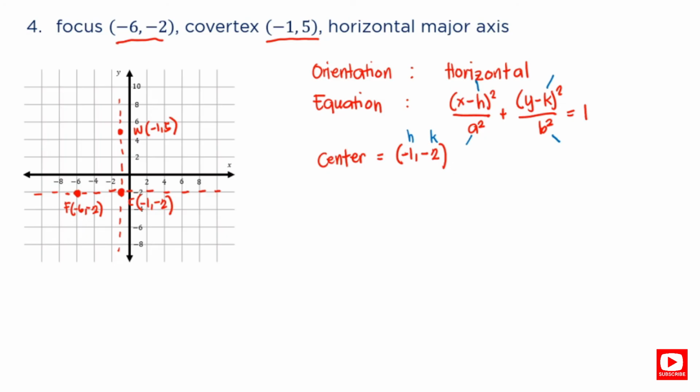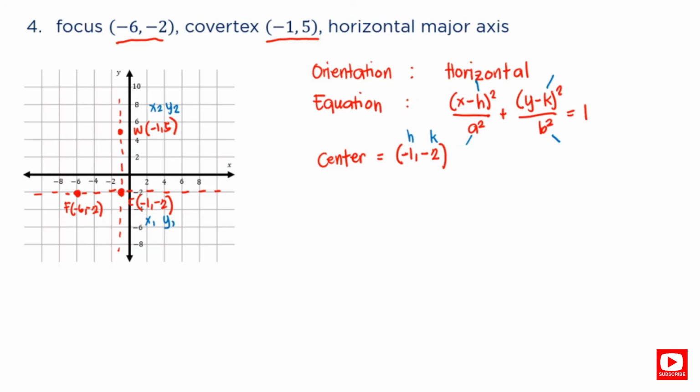Now, to find the value of b, since we have one co-vertex here, we will just use the distance formula. So we can have this one as x sub 2, y sub 2, and the center as x sub 1, y sub 1.